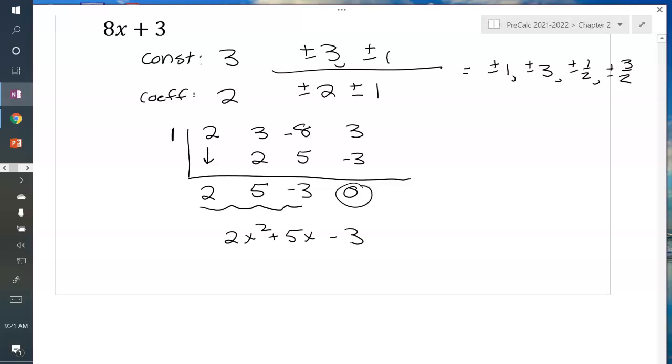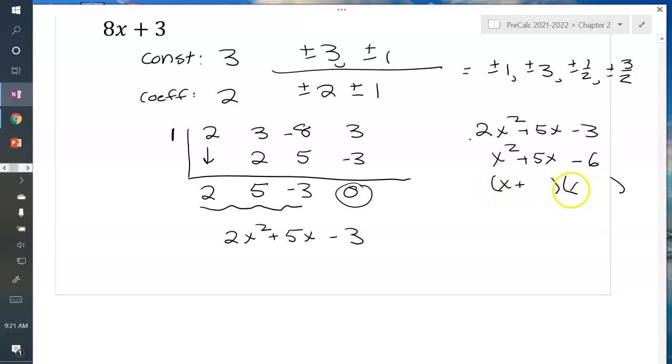I can go ahead and instead of keeping on and plugging in more rational zeros, I can go ahead and factor that. So let's slip and slide on this one. 2x squared plus 5x minus 3. Slip the 2, x squared plus 5x minus 6. We're going to factor this. I need 2 numbers that multiply to 6, but they're going to add to a positive 5.